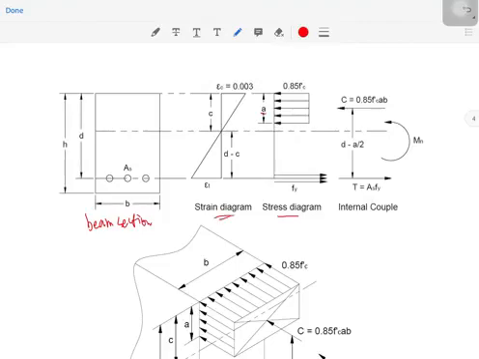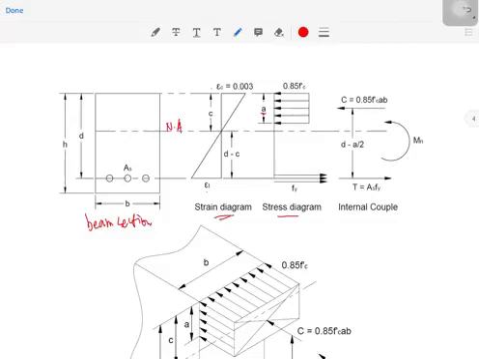Then this is the strain diagram, wherein the strain at the compression side is 0.003, with distance c here. Then we have the strain of the tension side. From the neutral axis, the distance there is d minus c.